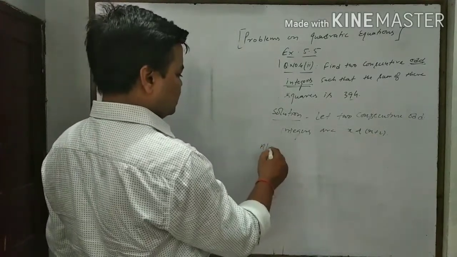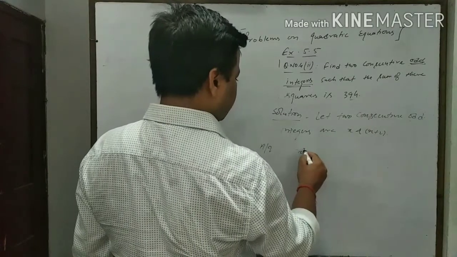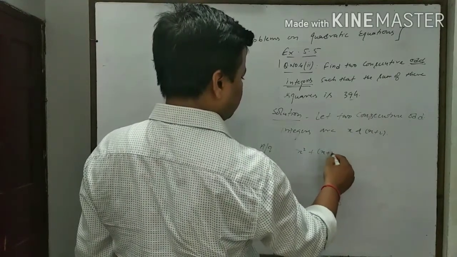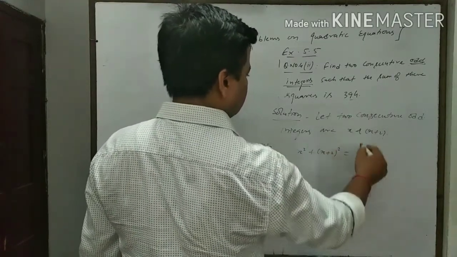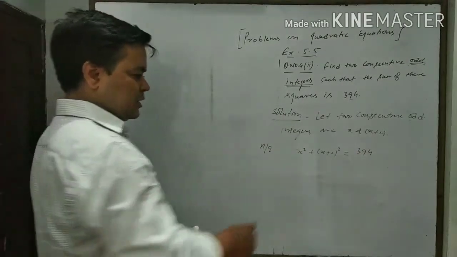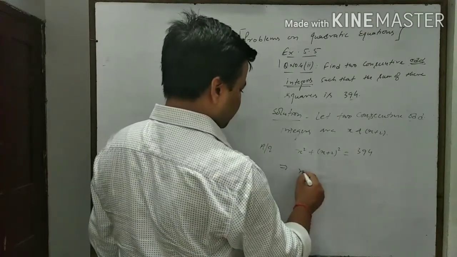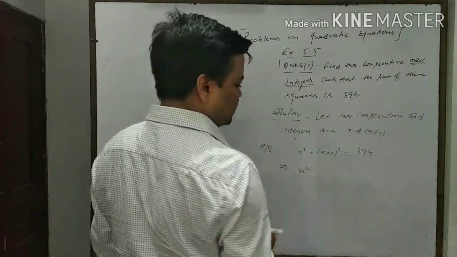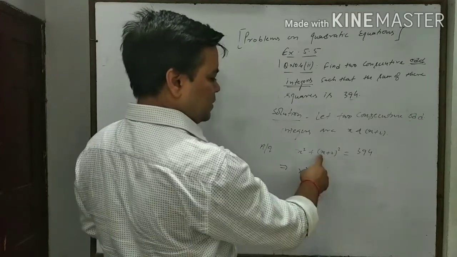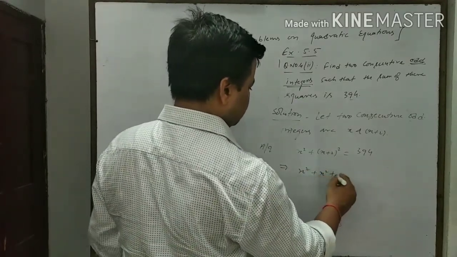Now again, according to the question, the sum of their squares, meaning x square plus (x plus 2) whole square, is equal to 394. Now expand it based on the formula (a plus b) whole square, which is a square plus 2ab plus b square.